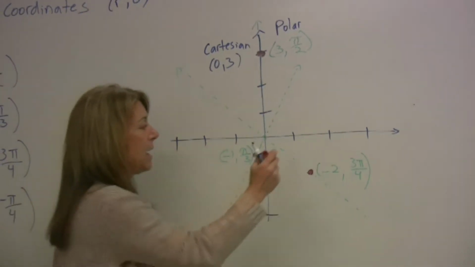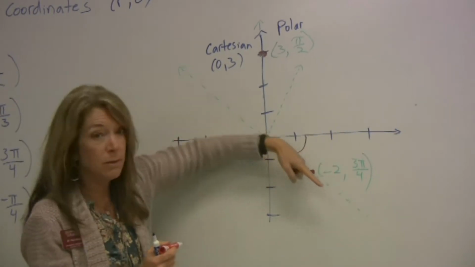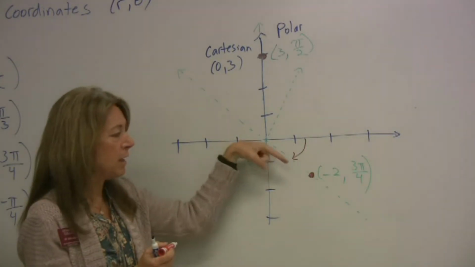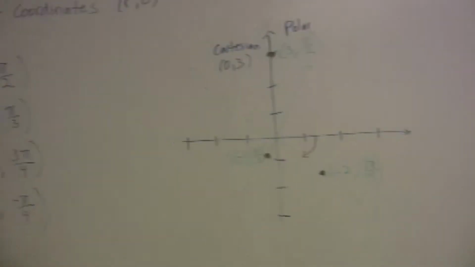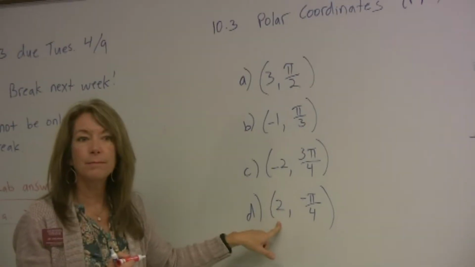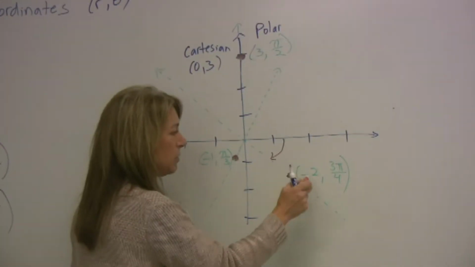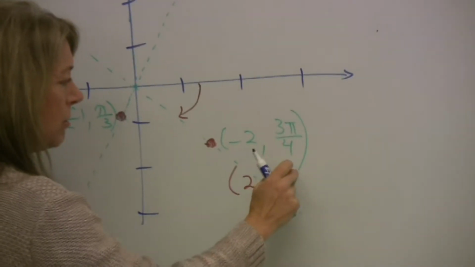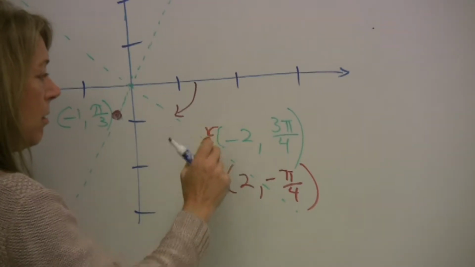So this angle right to here is my negative pi over 4, so I'm looking this way. And then what do I want to do if I'm looking that way? Go out a distance of 2. Where do I end up? Same place. This point right here, which was negative 2, 3 pi over 4, is also positive 2, negative pi over 4. It's both.